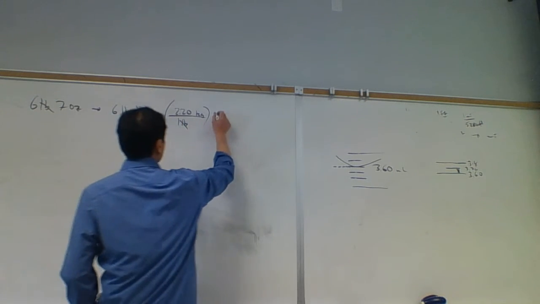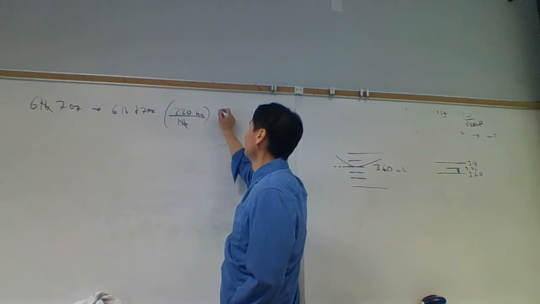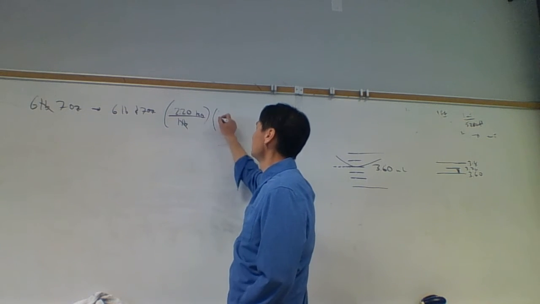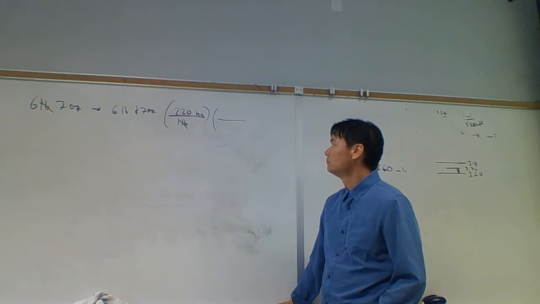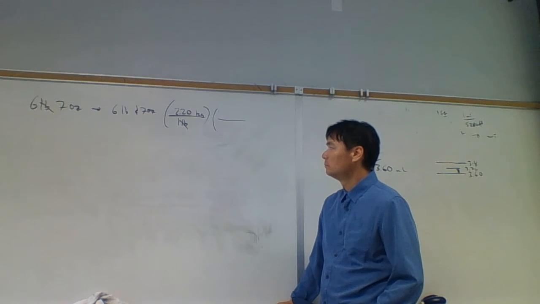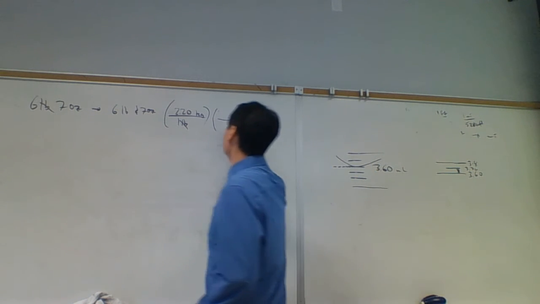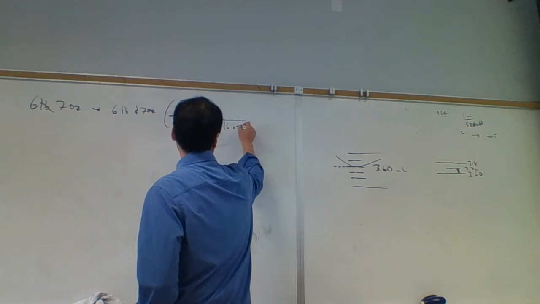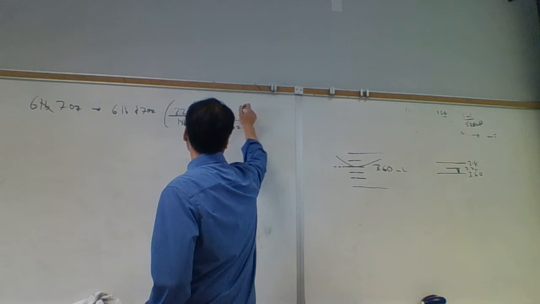That gives us kilograms. But we also have this 7 ounces deal. And so we've got to get rid of the ounces. So what should we do with the ounces? Well, we can use this one, that there's going to be 16 ounces in 1 pound.